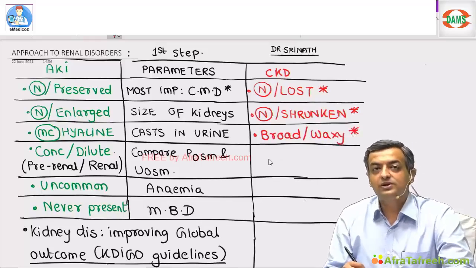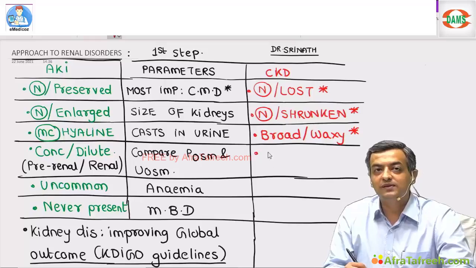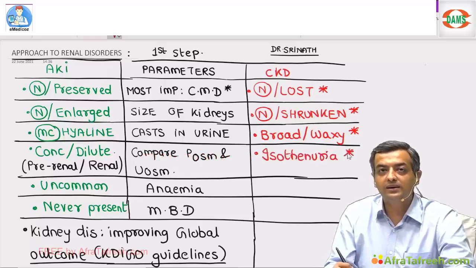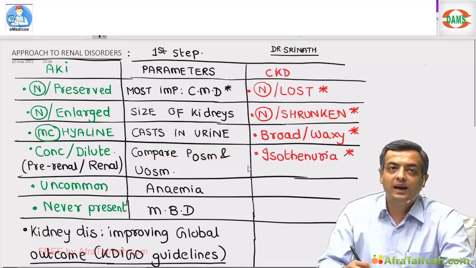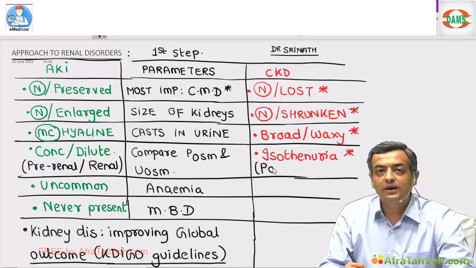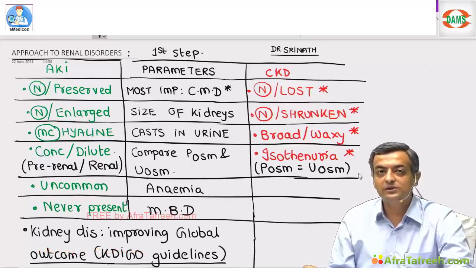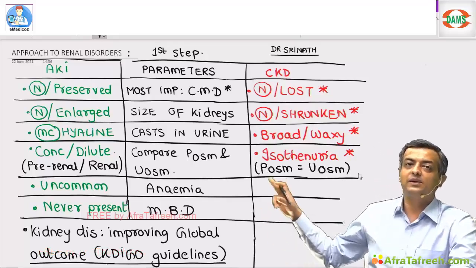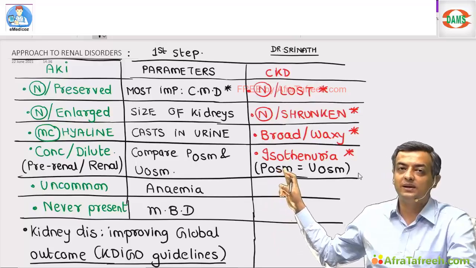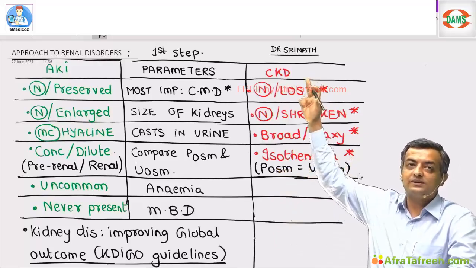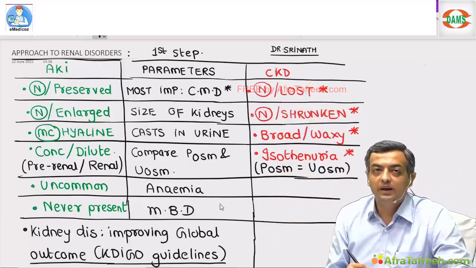The damage to the tubule is so severe that the tubule can neither dilute nor concentrate the urine. So the plasma osmolarity becomes equal to the urine osmolarity. This is called isosthenuria. Isosthenuria is specific for diagnosis of CKD.